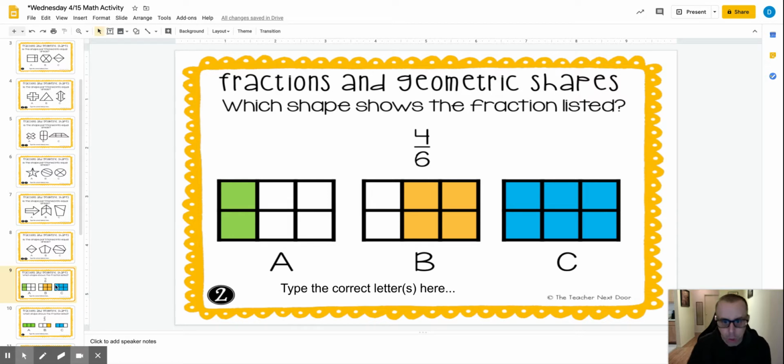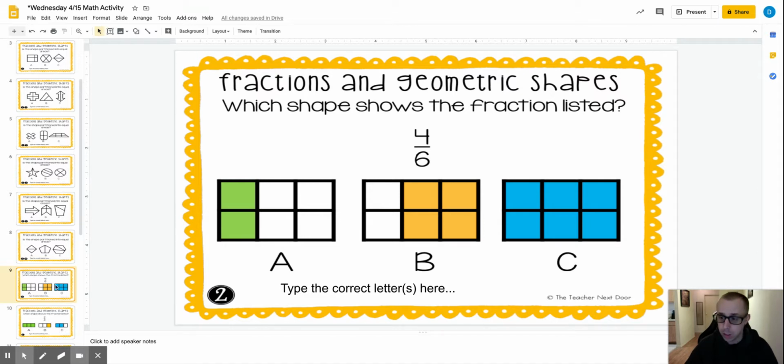When we're looking at these shapes, we're looking at the numerator and the denominator. The denominator, the number on the bottom, remember D for down, denominator. We are looking for the shape that has 6 parts. Now, obviously, you can see here, each of these 3 shapes have 6 equal parts.